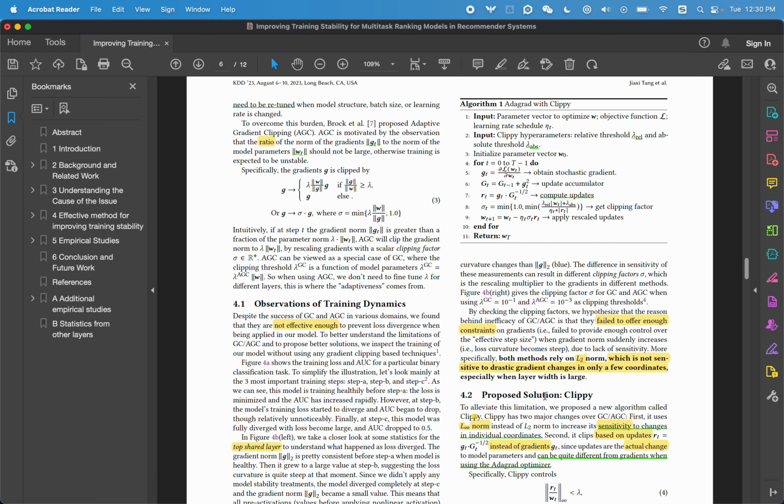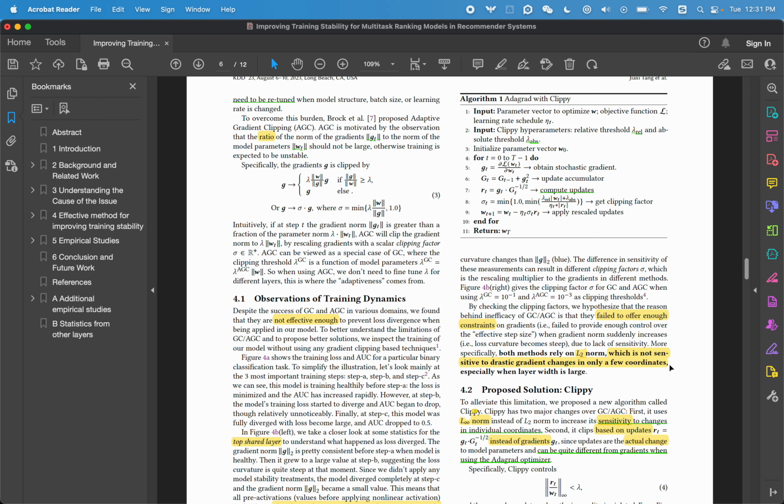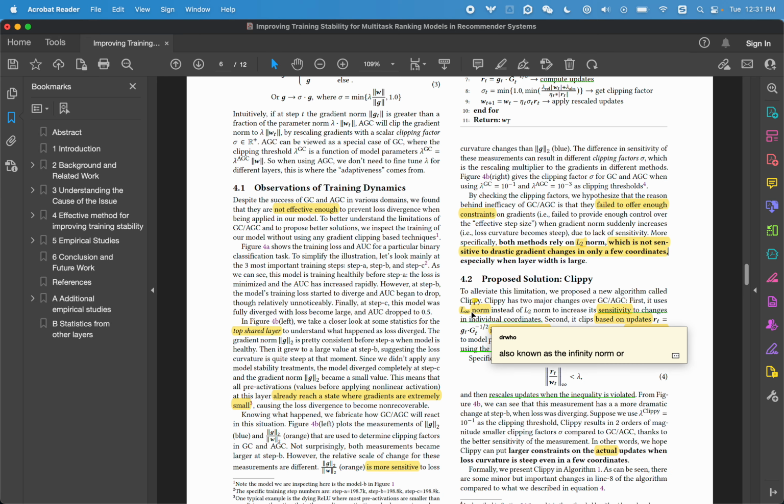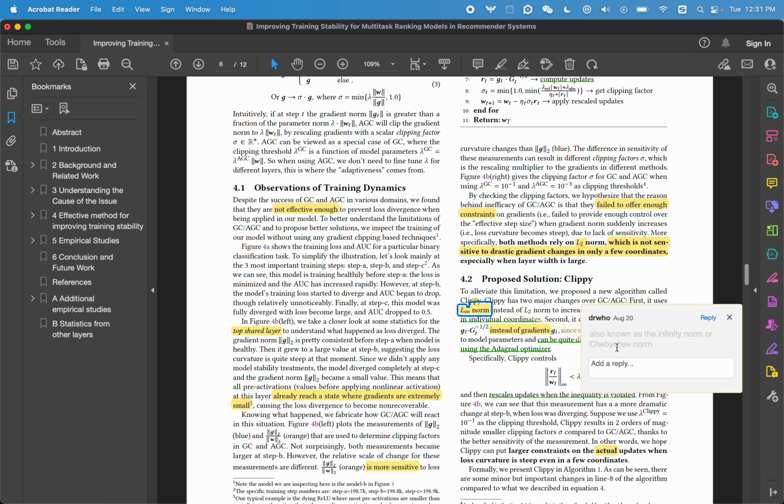So for this reason, it's not using the L2 norm anymore, it's using the infinity norm, or Chebyshev norm. It looks complicated, but you just take the maximum of the absolute values of all the elements within a tensor.